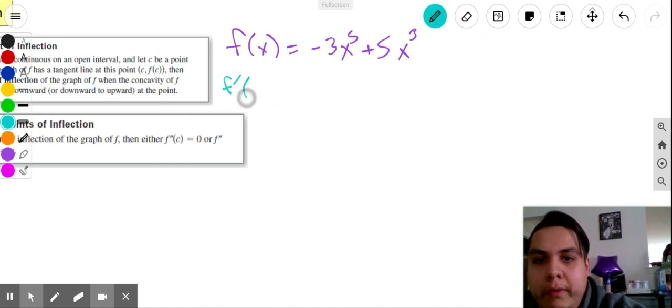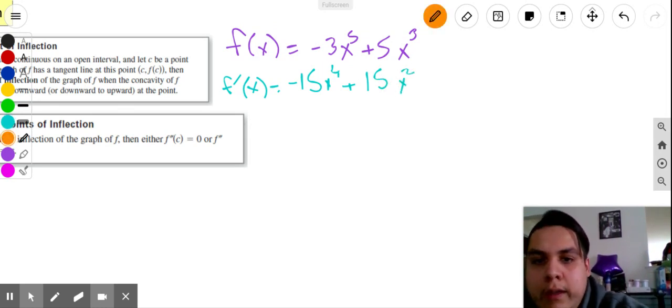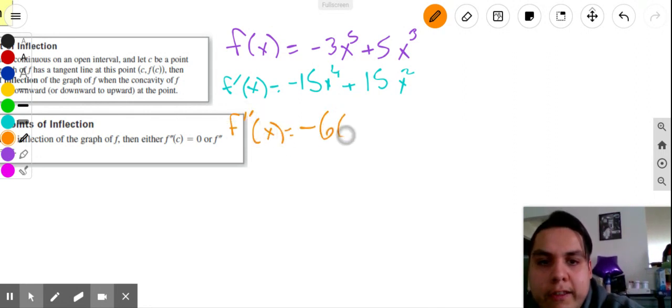So f prime of x will equal negative 15x to the 4th plus 15x squared. Okay, so then the second derivative should be negative 60x cubed plus 30x.